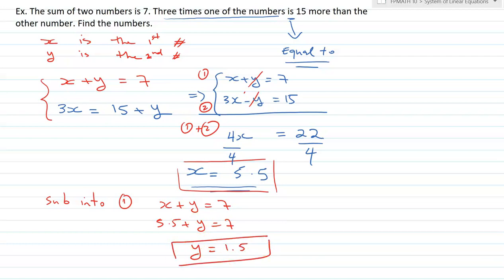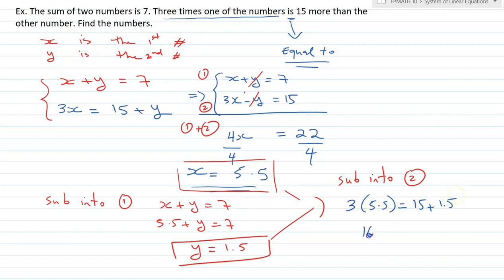And then you will double check. Is that true? So sub into equation 2. So here is the thing, 3 times 5.5 equals 16.5, plus 1.5 is, so basically that is 18.